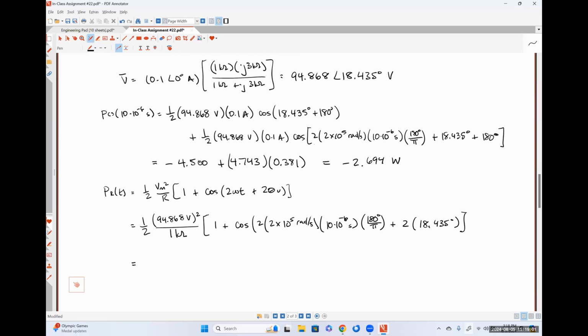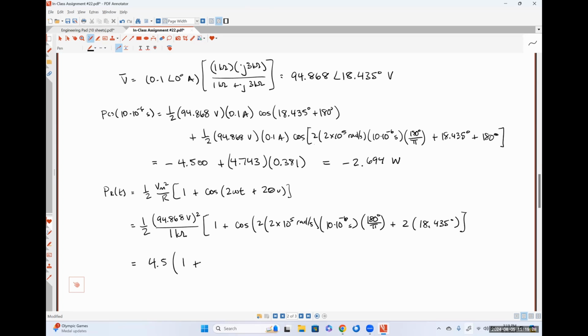So putting this into my calculator, 1/2 94.868 squared over 1,000. So that looks like 4.5 times 1 plus, and now I'm going to do all the cosine bit.